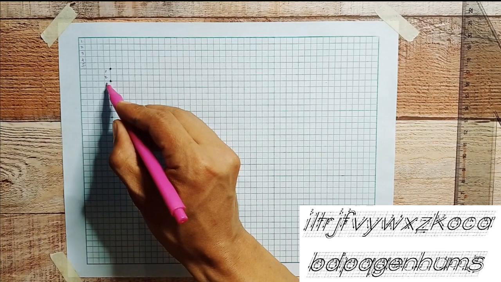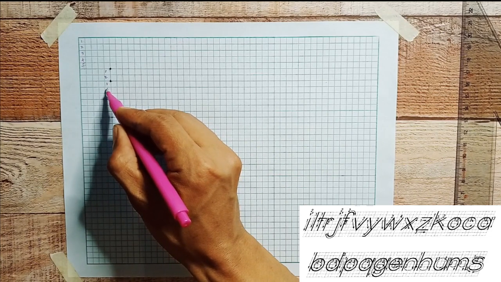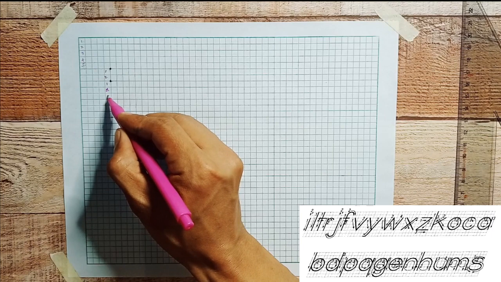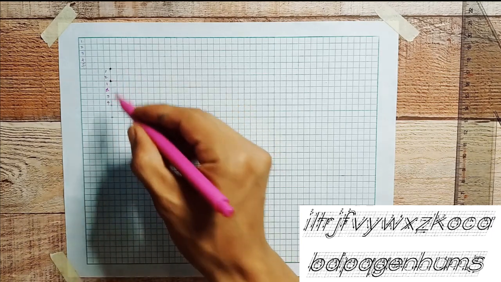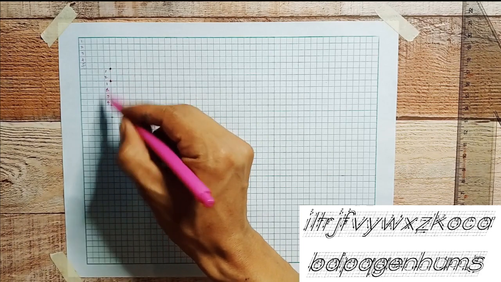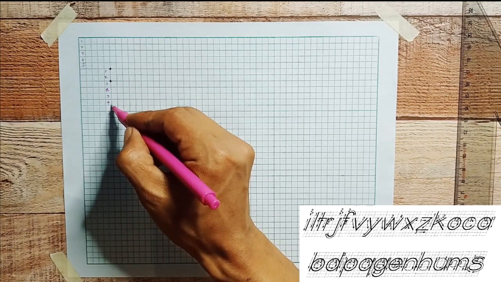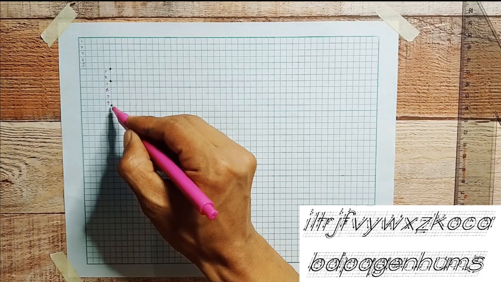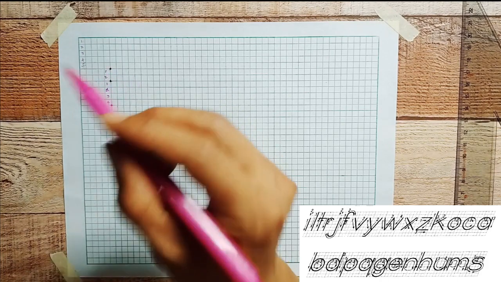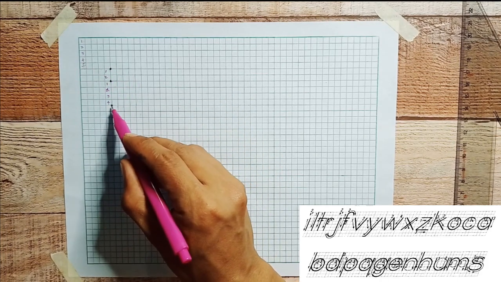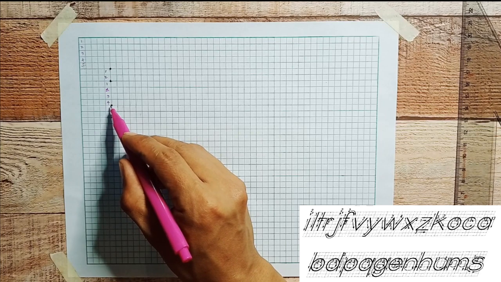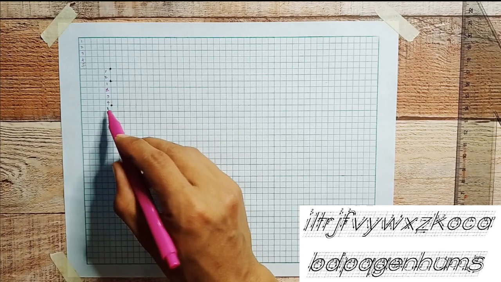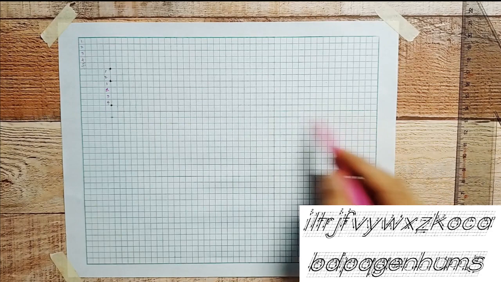Next, count 4 boxes, again downward, 2, 3, and 4. You don't have to number them. I'm just doing this for instructional purposes. And mark a dot on your grid. And this will be for your baseline. Your baseline is where your letter rests.